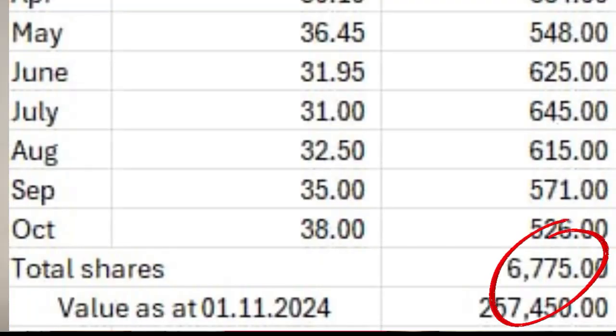Now, because we opted to use the dollar cost averaging strategy, we now have 6,775 shares, and these shares are now valued at 257,450, being the current share price, yeah? As opposed to the value that we would have had of 378,109.